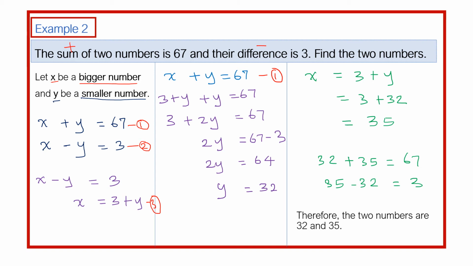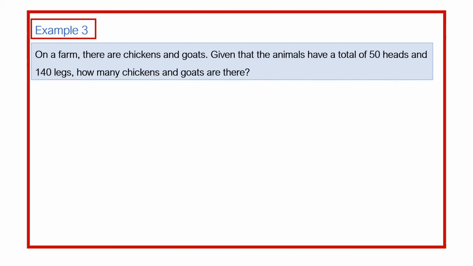So let us move on to example number 3. So for this question, we can see that on a farm there are chickens and goats. Given that the animals have a total of 50 heads and 140 legs, how many chickens and goats are there?